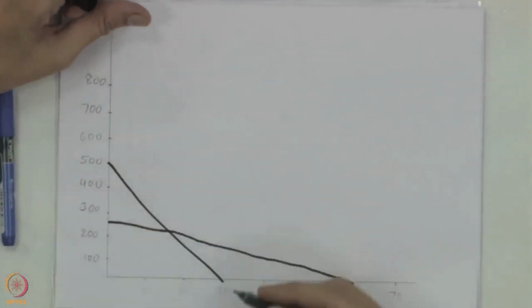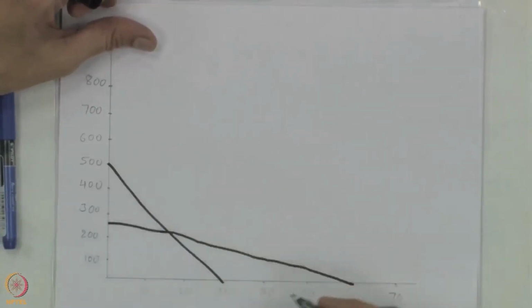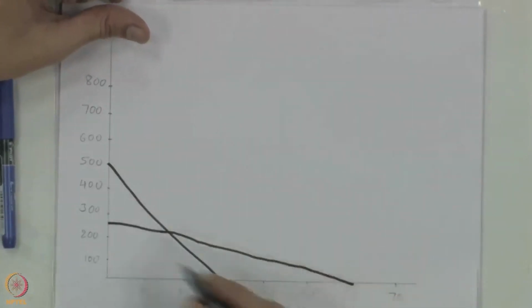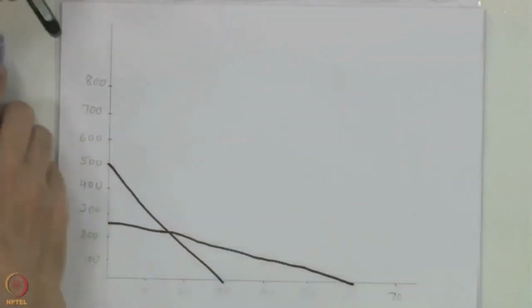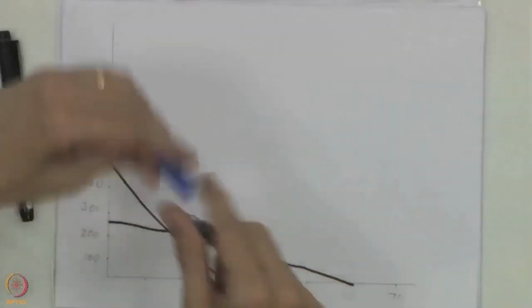Now, we want to create the aggregate demand profile of these two consumers, A and B. At each price we would see how much is the total demand.